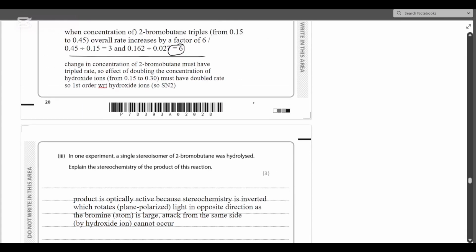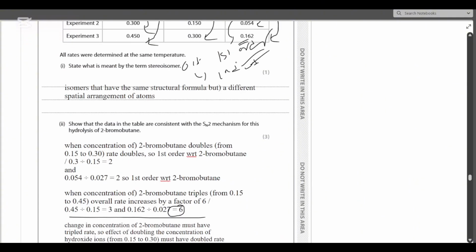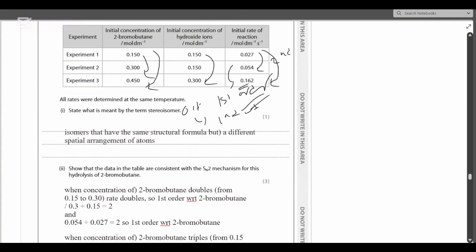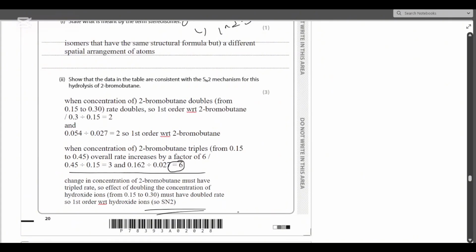So what does this signify? The first step is first order with respect to 2-bromobutane and second order with respect to hydroxide, so obviously it's going to be an SN2 reaction right here, because in SN2 the nucleophile is obviously involved.